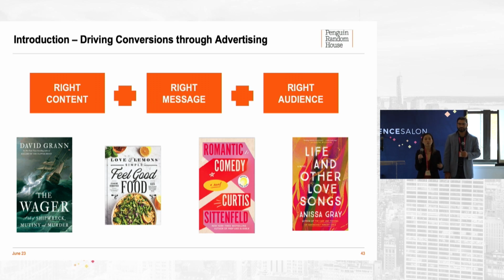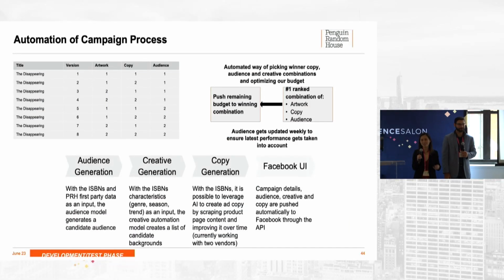Then you have to talk to the creative team to use backgrounds that make sense for the title. And then finally, you have to talk to someone like the publisher or the publicist, as well as sometimes the author, to figure out what is the audience you want to target. And say you were a marketer doing that not for just one title, but for multiple titles every single day, 365 days a year.